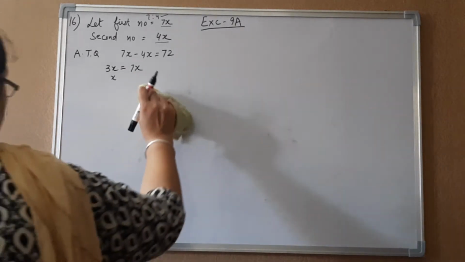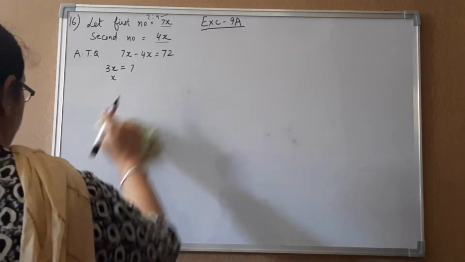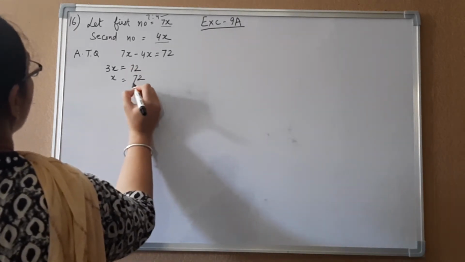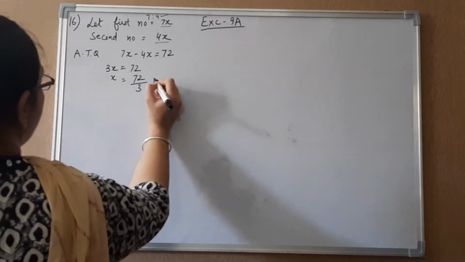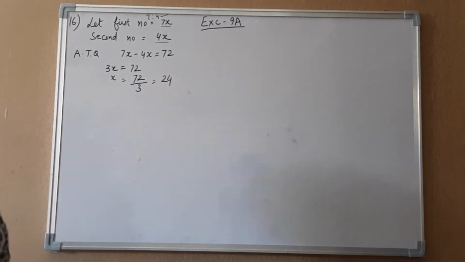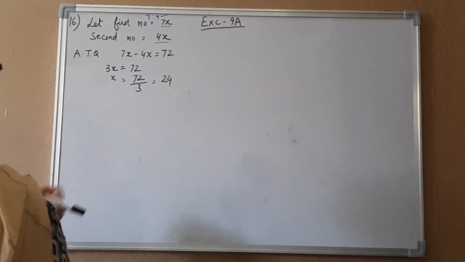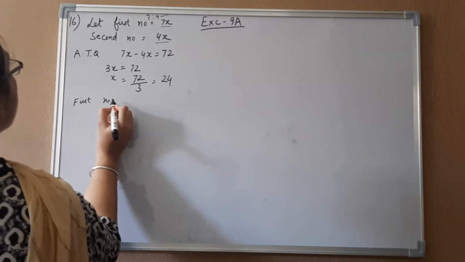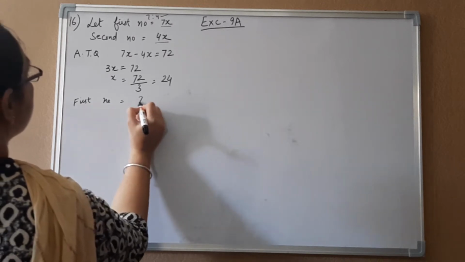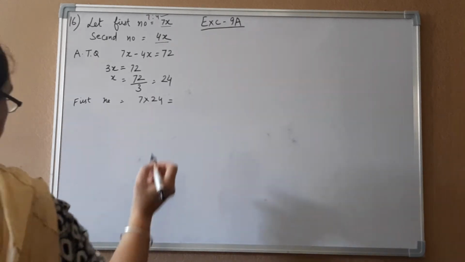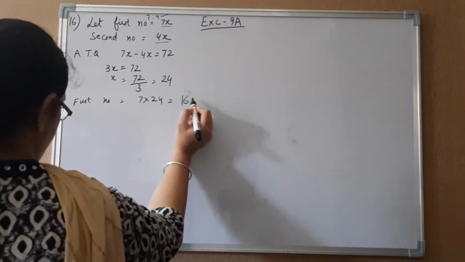3x is 72, so x is 72 divided by 3, which is 24. So what will the numbers be? The first number would be 7 into 24, which is 168.